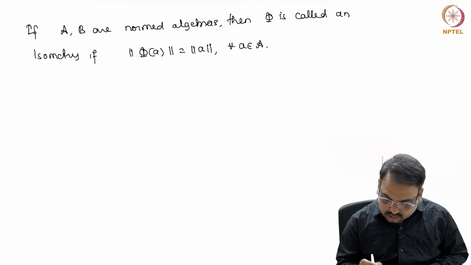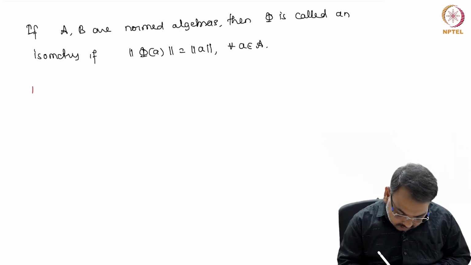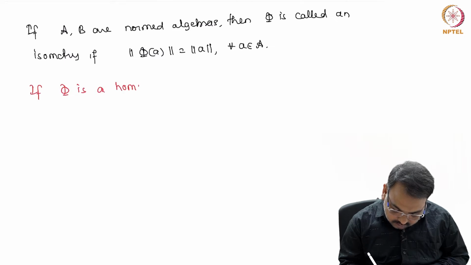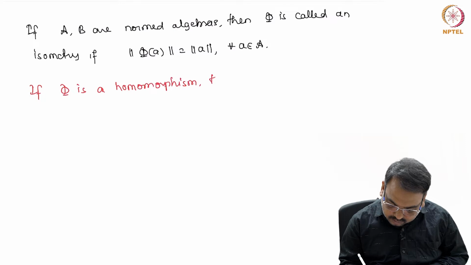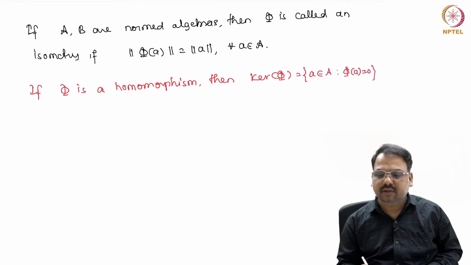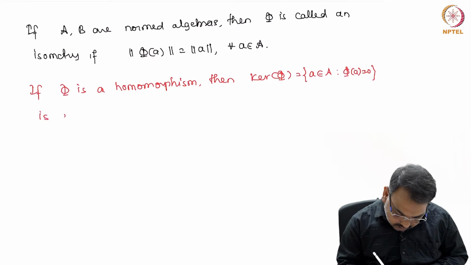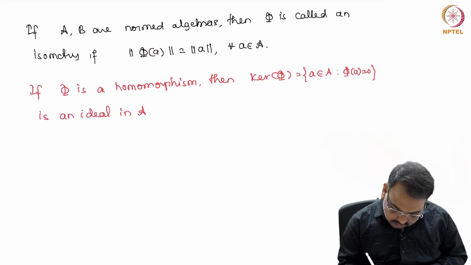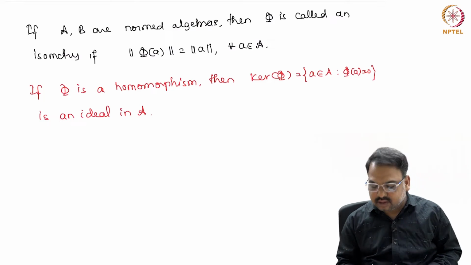Okay, so it is easy to show that if phi is a homomorphism, then kernel of phi, the set of all a in A such that phi(a) is 0, is an ideal in A. So this is easy to show.